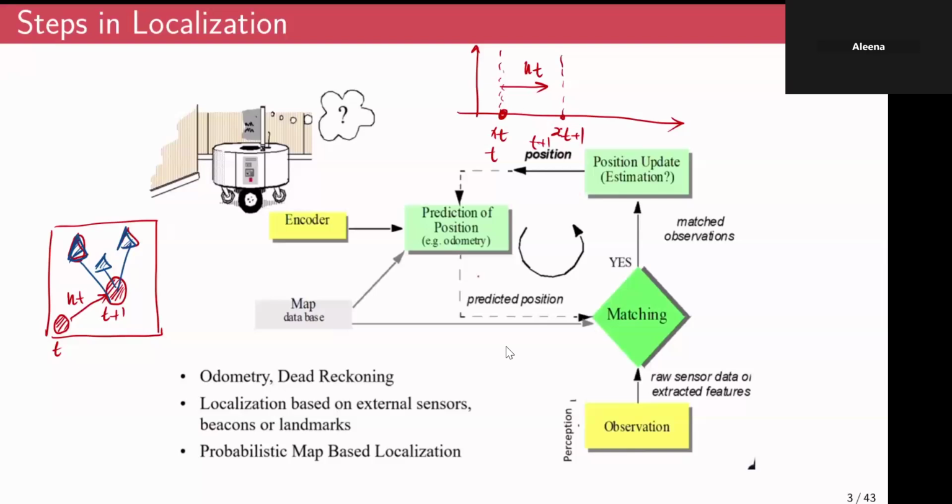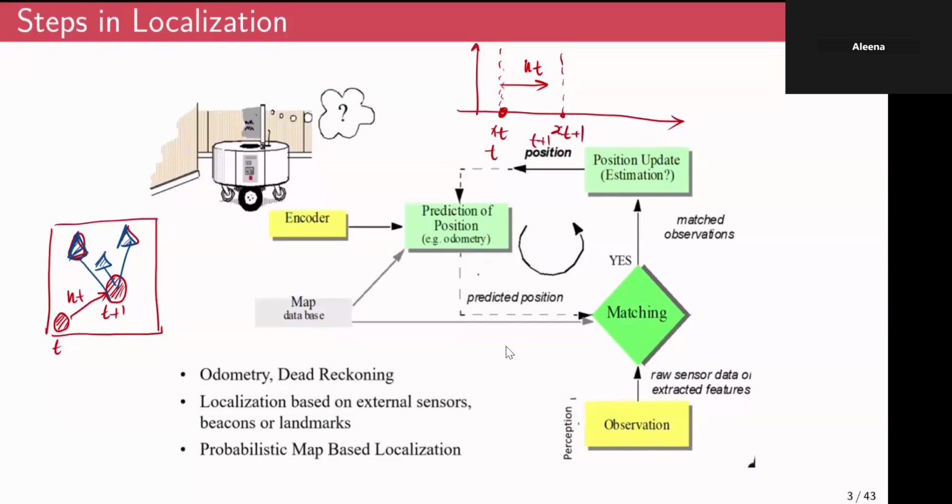So what it does is it tries to match what it predicted using its map and its input, and it compares that with what it actually sees using its sensors, right?